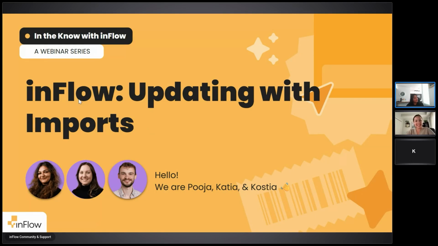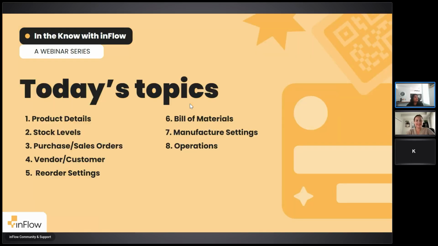Okay. inFlow updating with imports. Welcome everybody. Again, it's us, Pooja, Katya, and Kostya, and this is our webinar on updating with imports. We're going to be discussing these topics today: how to update product details, and what exactly in the product details file you can bulk update in inFlow; stock levels, how to mass update your stock levels in inFlow; your purchase and sales orders, your vendors, your customers, and reorder settings.